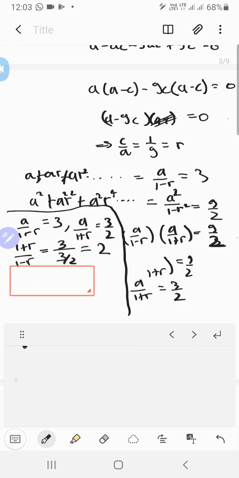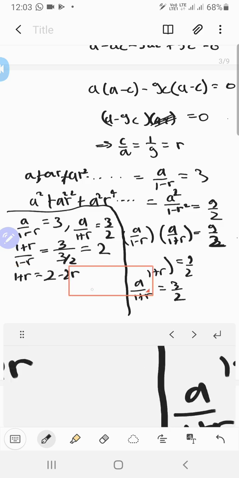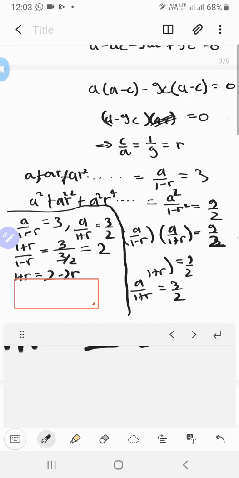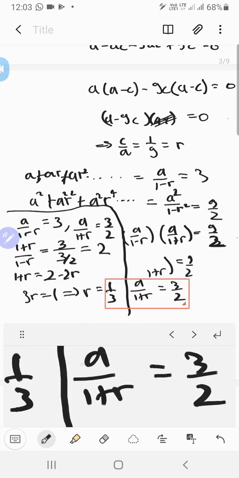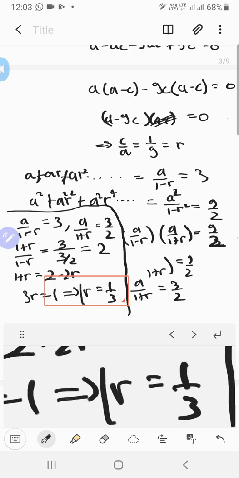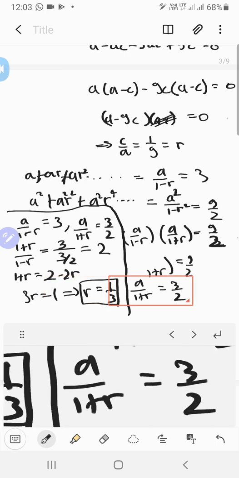So this should be 3 divided by 3 by 2, which turns out to be 2, which means that 1 plus r is equal to 2 minus 2r, which means that 3r is equal to 1, which means that r is equal to 1 by 3. That's nice. So just inputting this in one of the equations, we will get the value of a.